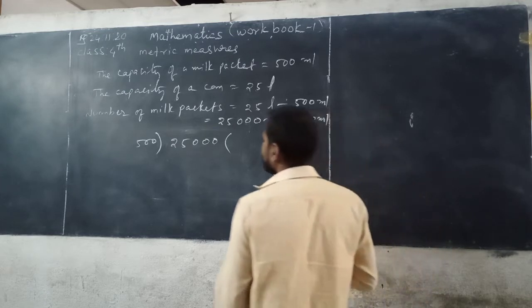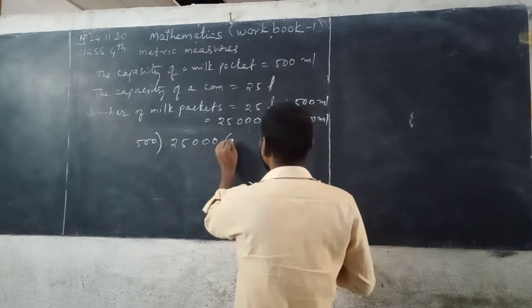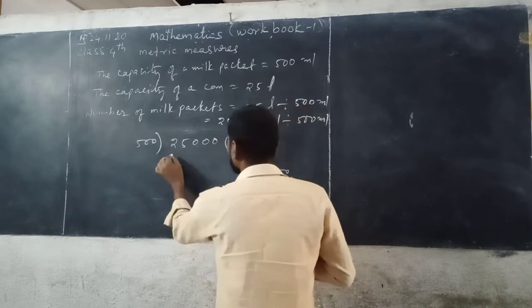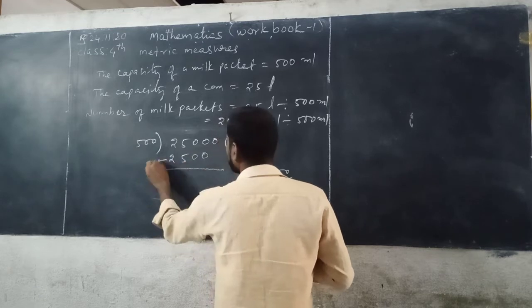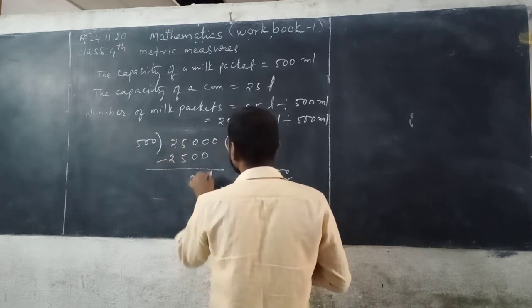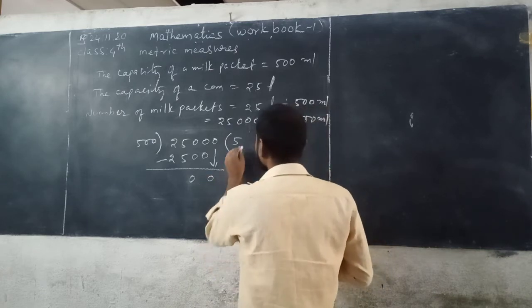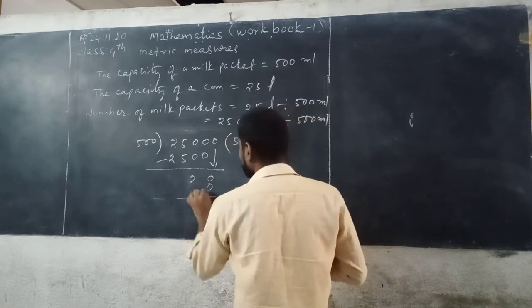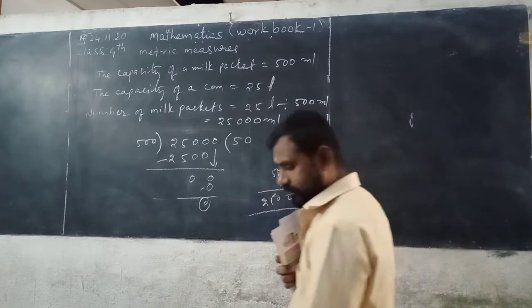So I have to take from left to right side 4 digits. That is 500, 5 is 2500. See here, 2500 means 0. Then next bring down 0 to the remainder. 500 zeros are 0. So how many in total? 50 packets.